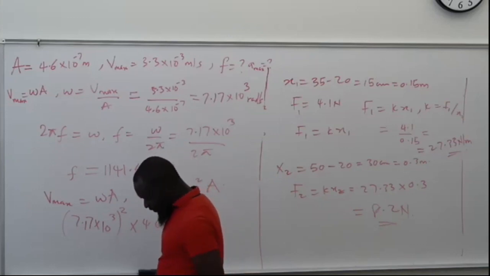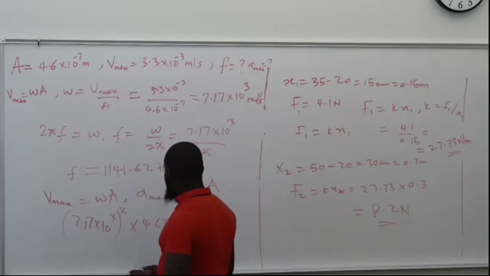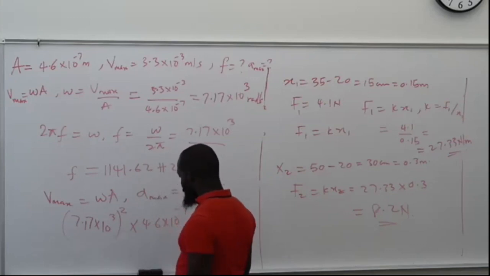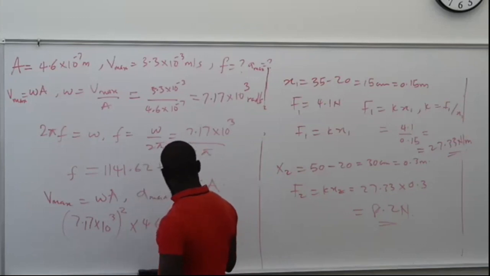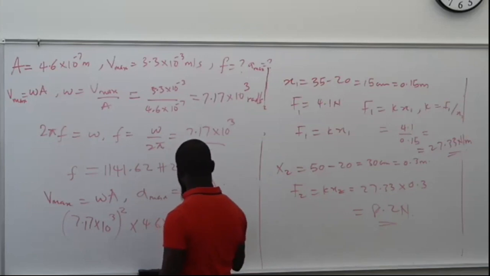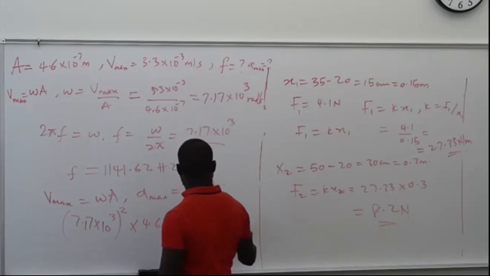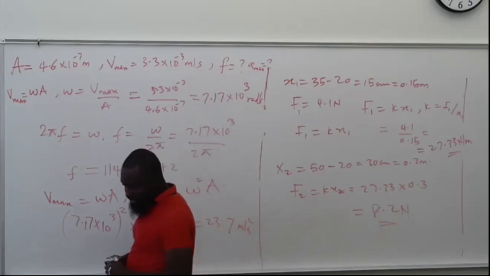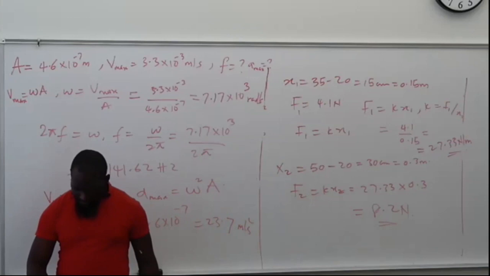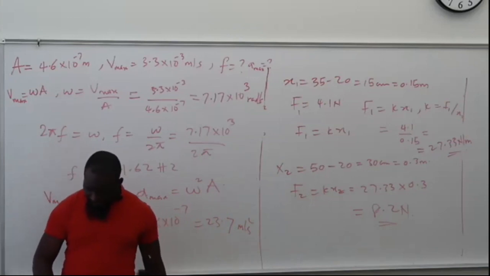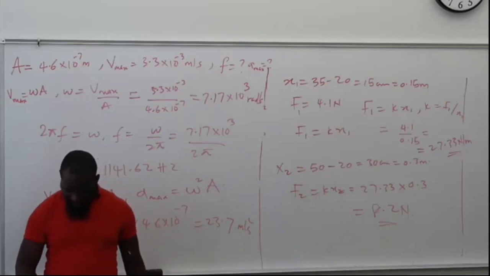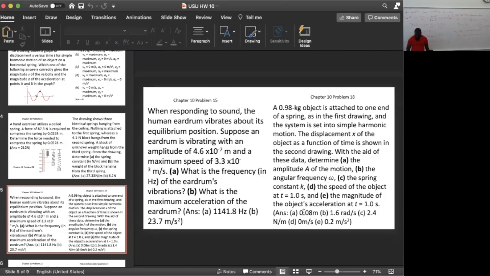So this gives me 23.7 meters per second squared. So let's check the answer. I think that's about right, what they got right here. 23.7 meters per second squared. Yep, correct, 23.7. So let's go to the next problem.